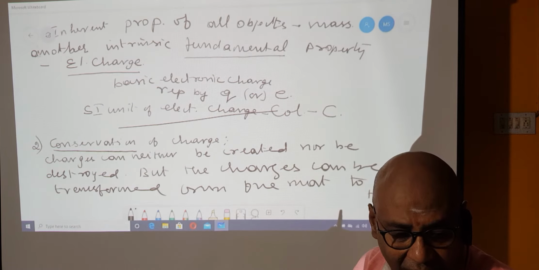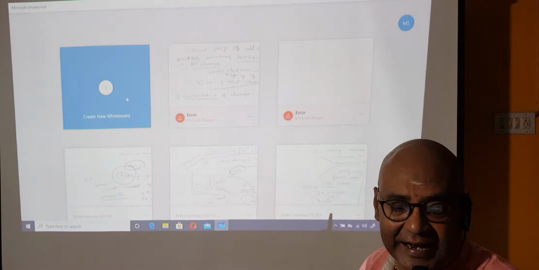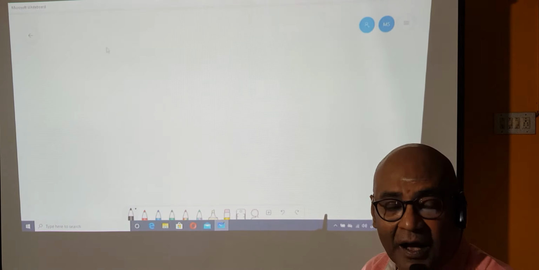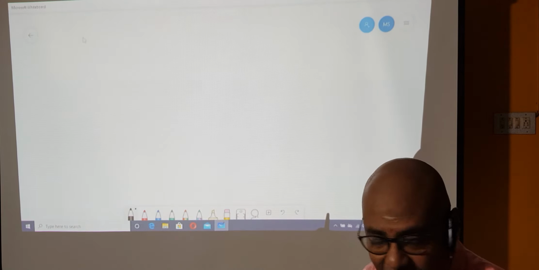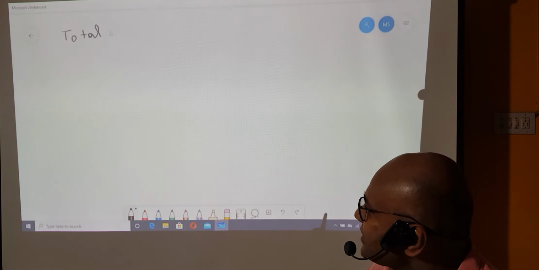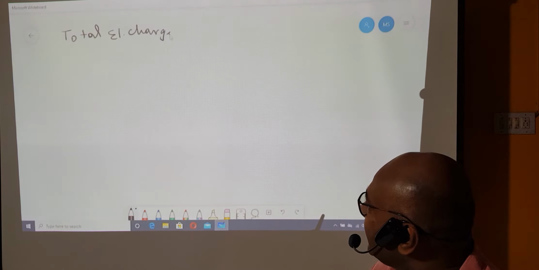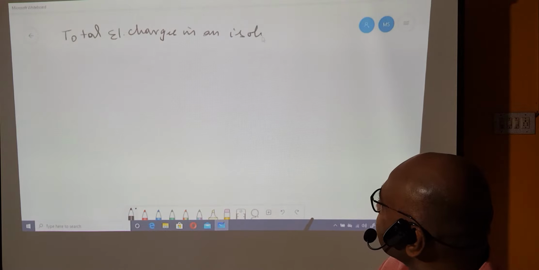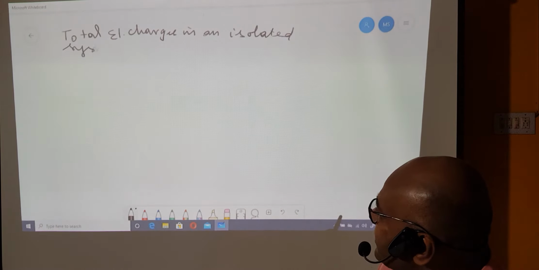The same law can also be stated in another form. How can it be stated in another form? I can state it like this: the total electrical charge in an isolated system is always a constant.